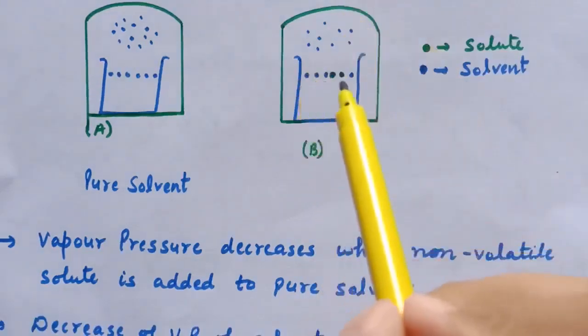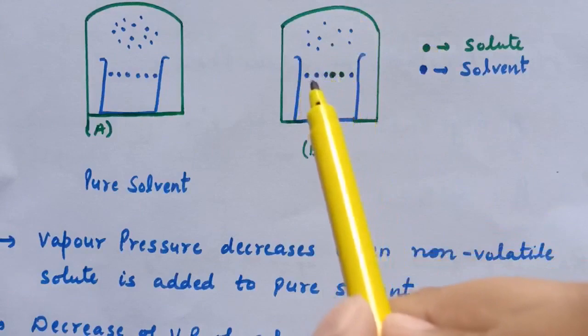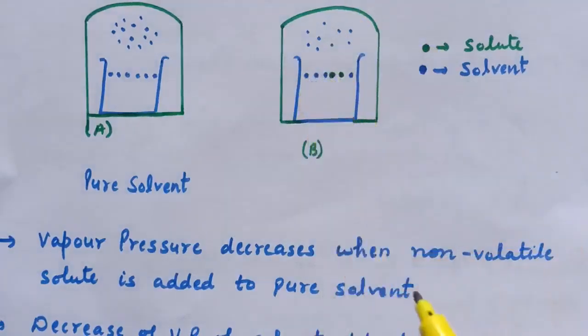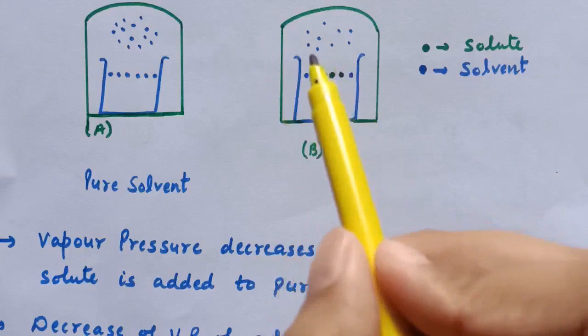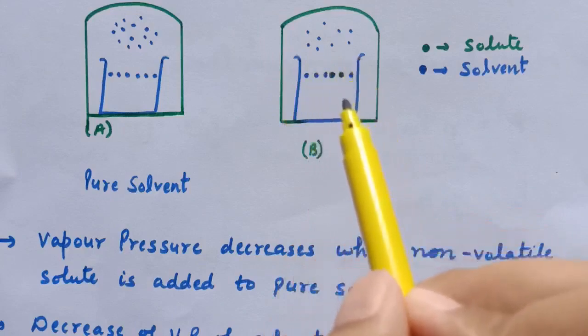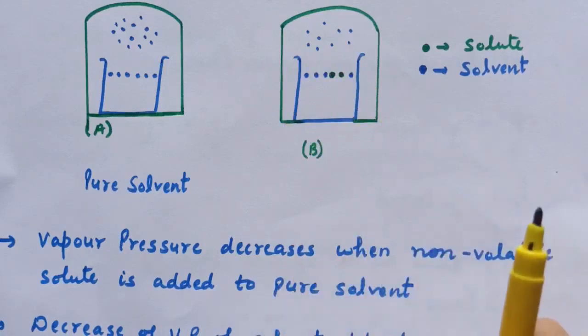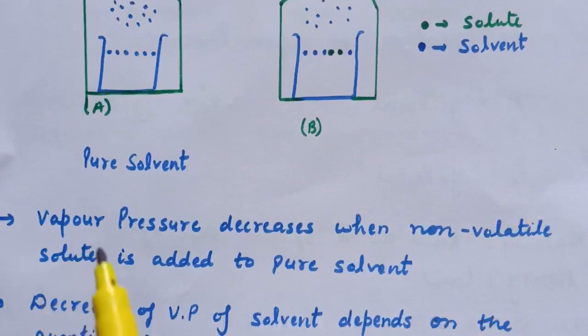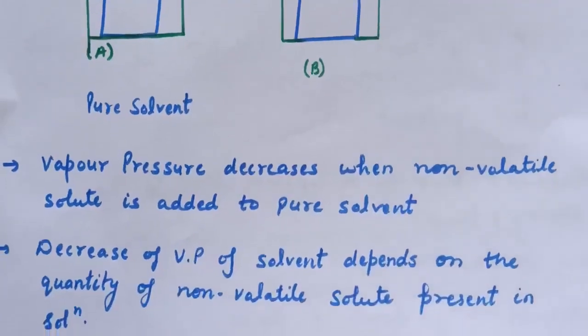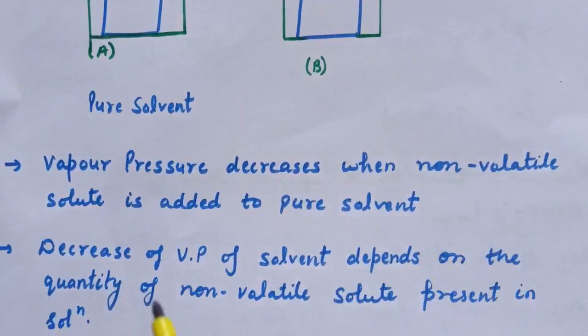So vapor pressure of solution decreases when a non-volatile solute is added to pure solvent, because the fraction of the surface covered by solvent molecules gets reduced. And this decrease of vapor pressure of solvent depends upon the quantity of non-volatile solute present in the solution.